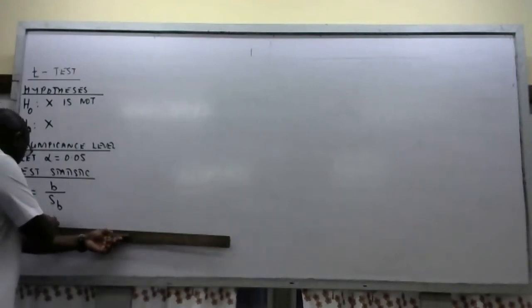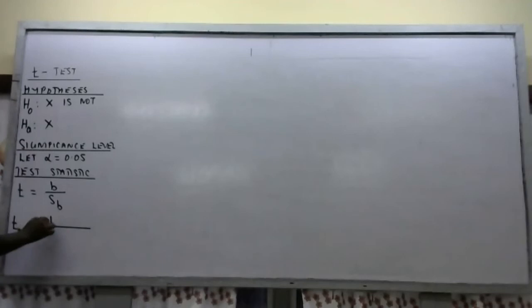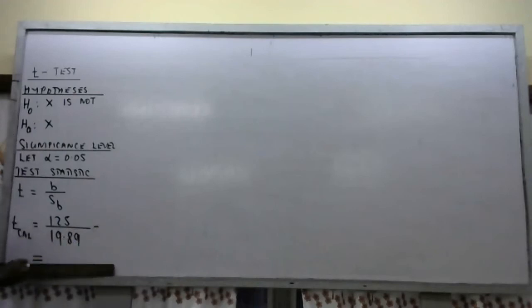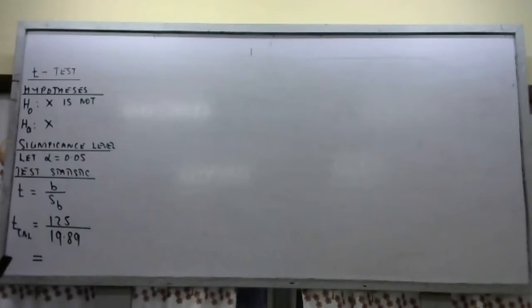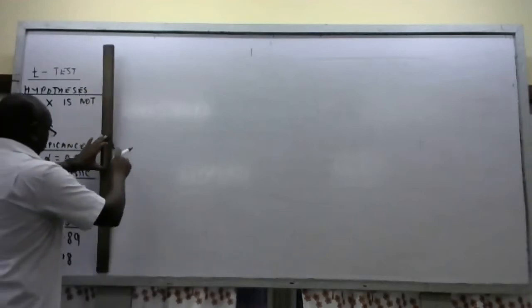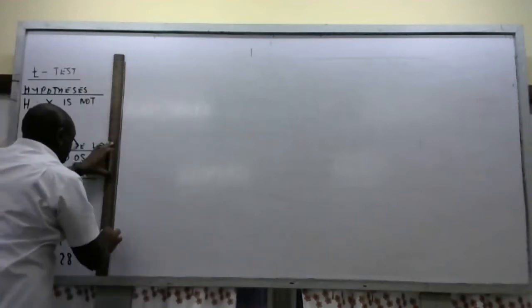So T calculated would be 125 divided by SB, which we have found to be 19.89. That gives 6.28.